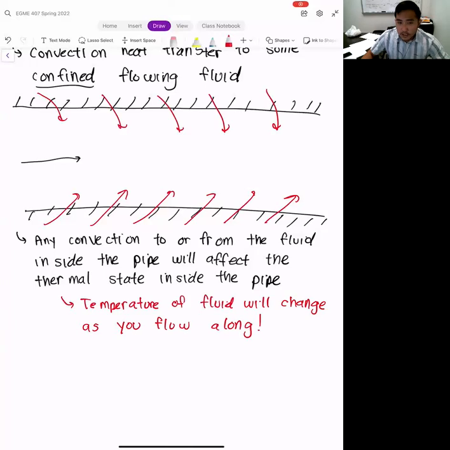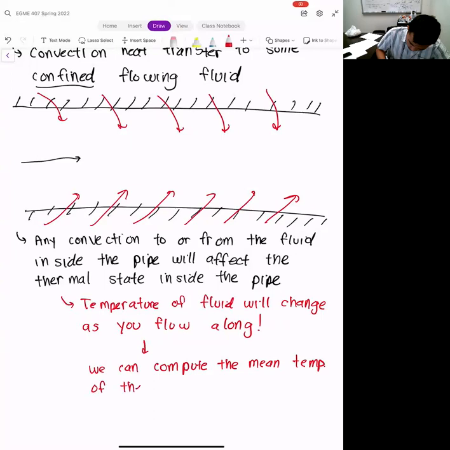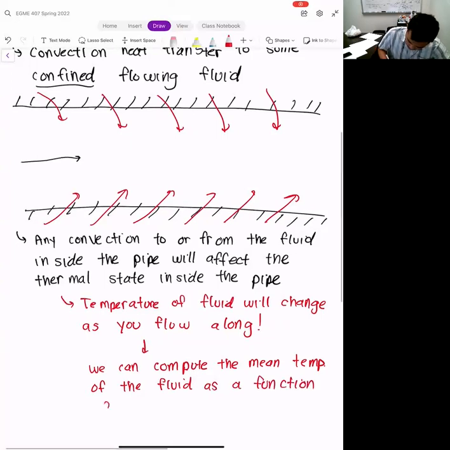The way that we quantify this is by quantifying the mean temperature of the fluid as a function of z, where z here is our axial coordinate.